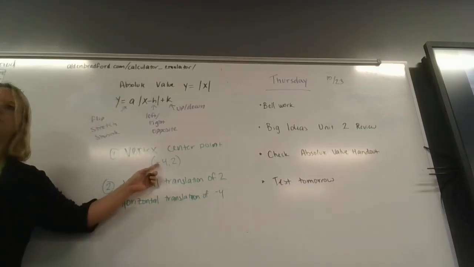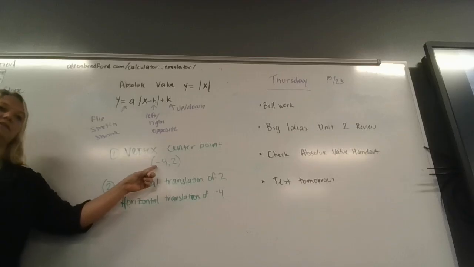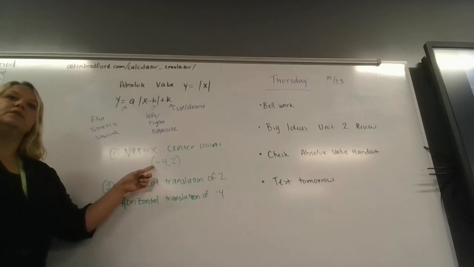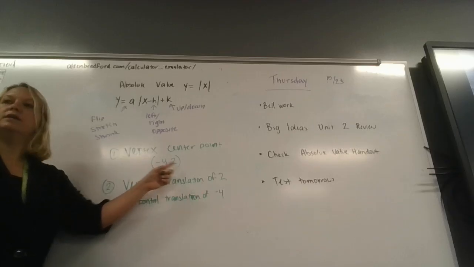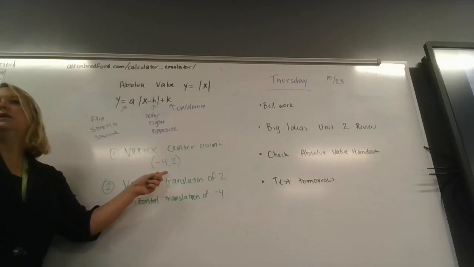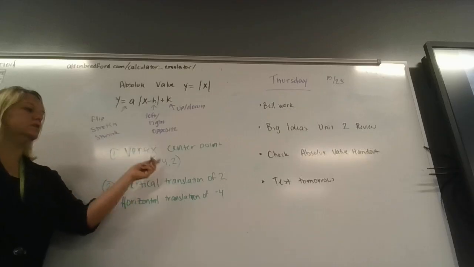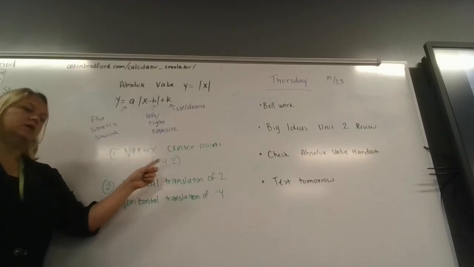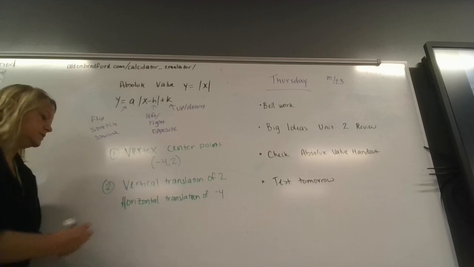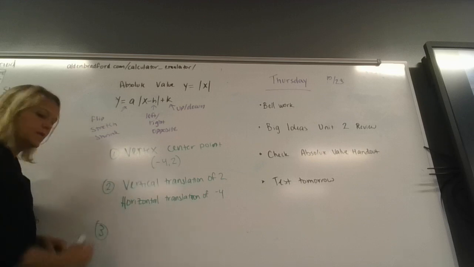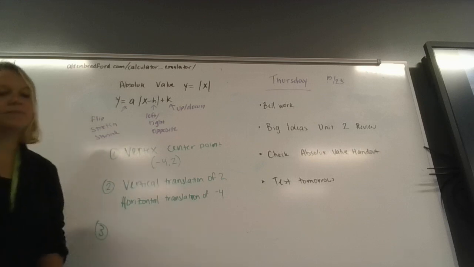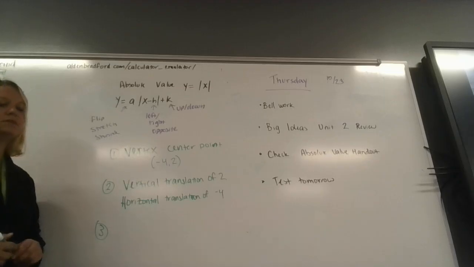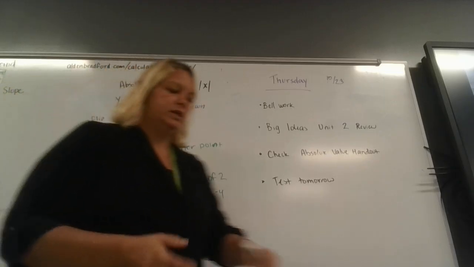So the vertex, if you identify the center, tells you how far up and over it is, because the parent function, the typical original, is right at 0, 0. So this one's left 4 and up 2. Number 3. What is the slope of the increasing branch?